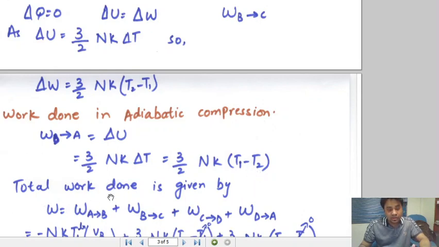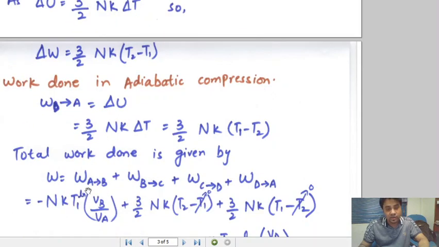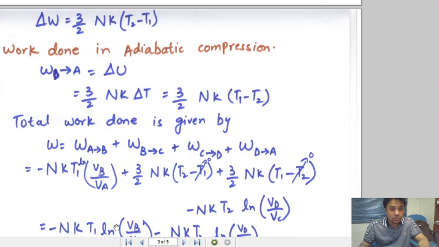So the total work done in going from A to B, B to C, C to D, and again coming back from D to A will be equal to the work done from A to B plus the work done from B to C, the work done along C to D, and the work done from D to A. Putting the values which we have already calculated along these paths, we will have this equation, and we can find that the second and third terms are the same but with the opposite sign, so they will cancel.